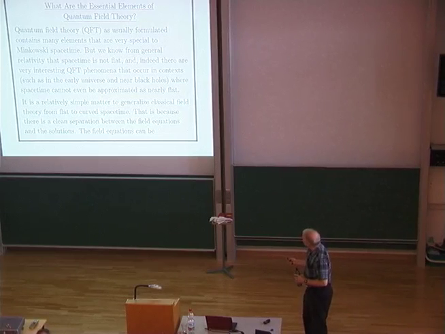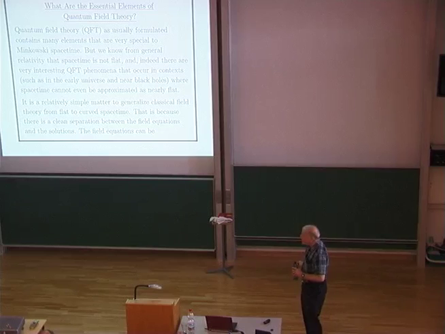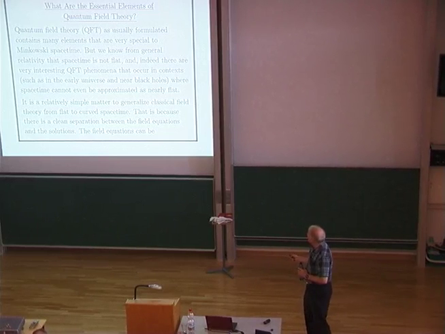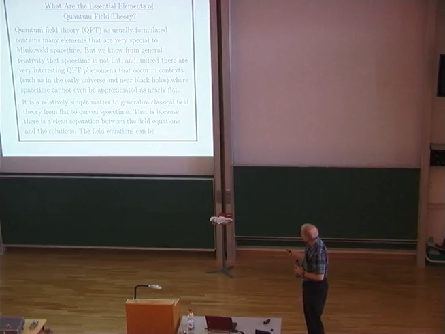There isn't a big fuss made over how to generalize classical field theories from flat to curved space-time, because it's basically quite easy and straightforward to do, at least once you're in the swing of general relativity and curved space-time. I claim that that's because there's really, in the formulations of classical field theory, a completely clean separation between field equations and solutions.